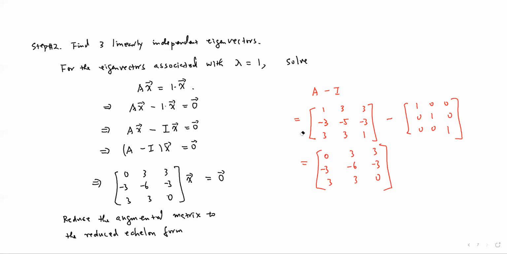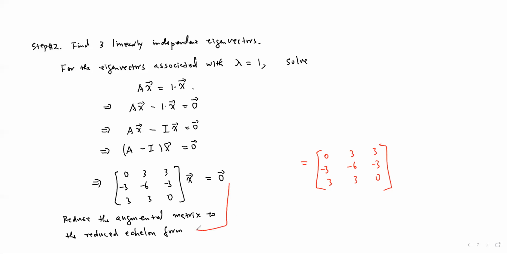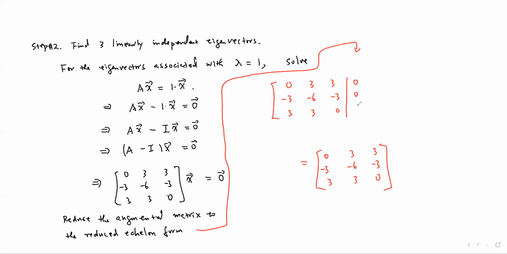Let me erase and continue here. Coefficient matrix together with the right side is the augmented matrix. Now reduce it to echelon form.